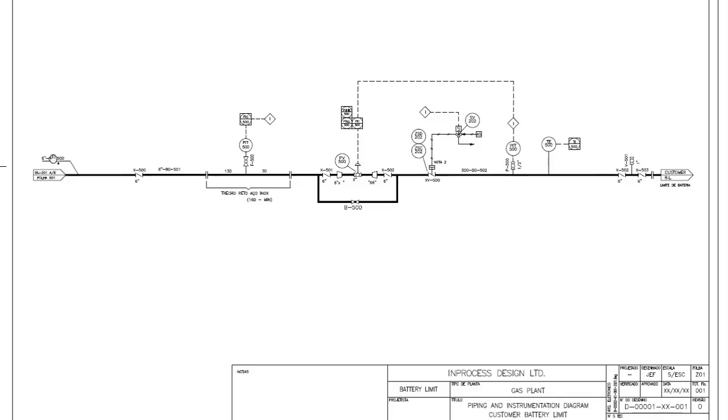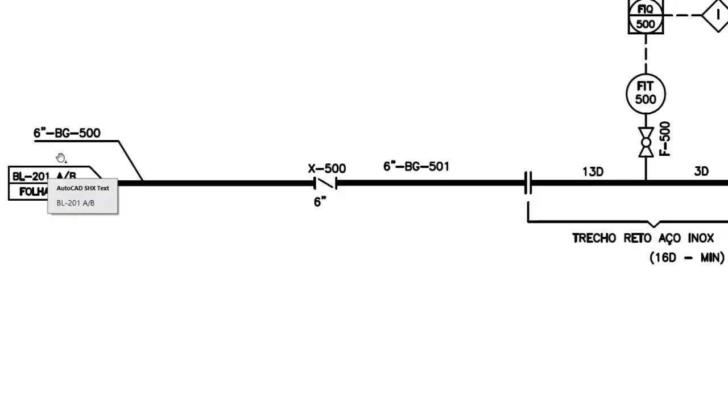In this case we have a flag referring to the sheet where this line comes from. So in the line list you also know where each line comes from, and we have here the identification of this line. It has only the nominal size, the fluid symbol, and the area identification.